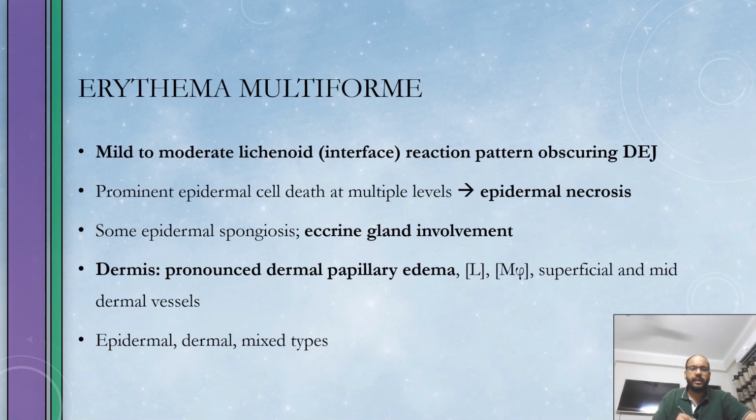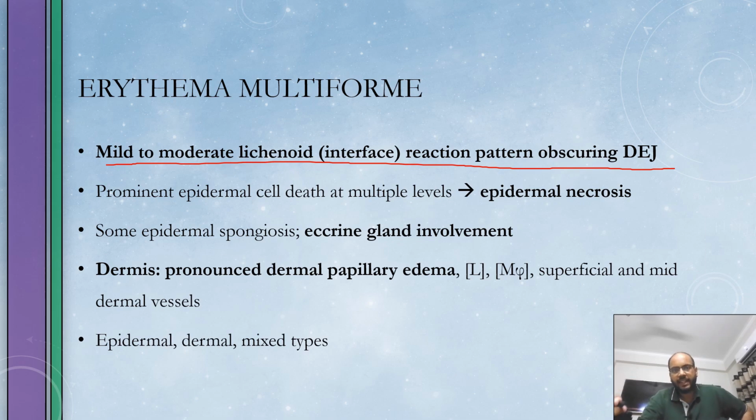Erythema multiforme. Erythema multiforme has a mild to moderate lichenoid reaction pattern that obscures the dermoepidermal junction. If you recall what we have discussed between interface dermatitis and lichenoid tissue reaction pattern, you will understand that when it obscures the dermoepidermal junction, it is better to call it interface dermatitis.